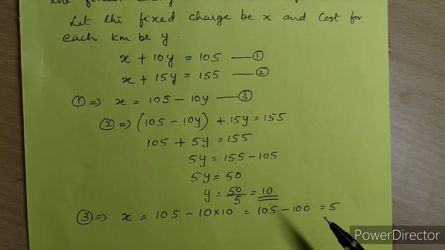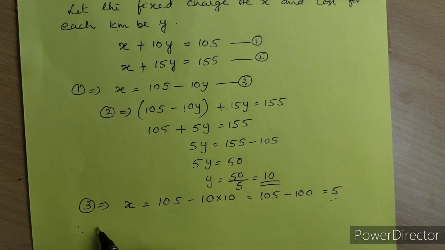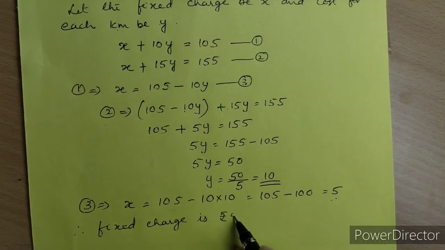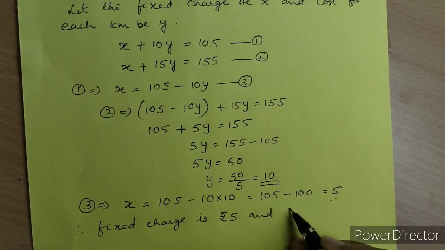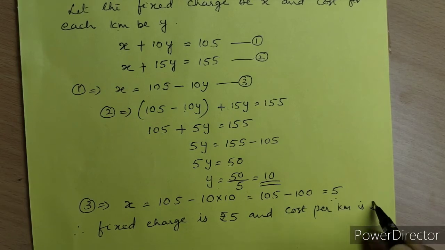So fixed charge, which is x, is 5 rupees, and cost per kilometer, that is y, equals 10 rupees. So you have to conclude it. Therefore, fixed charge is rupees 5 and cost per kilometer is rupees 10. So this is the final answer.